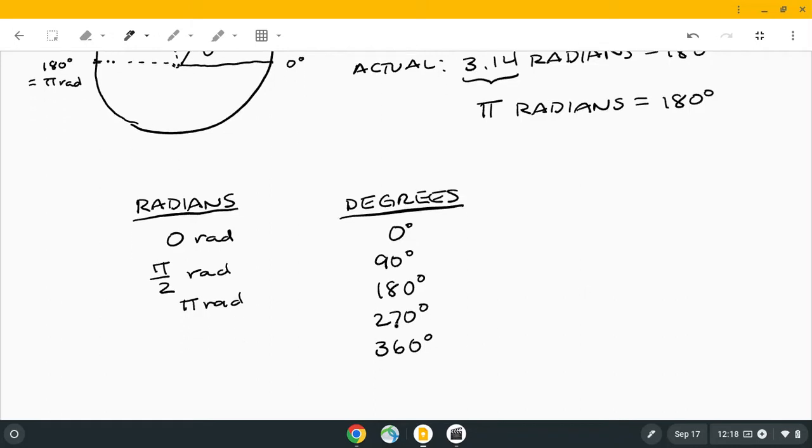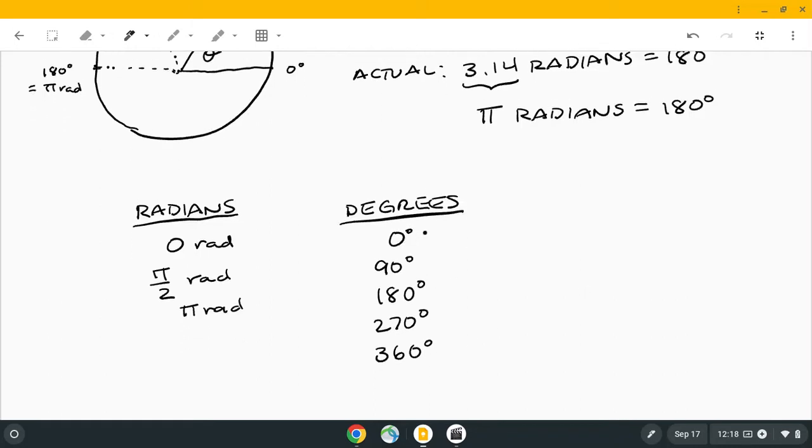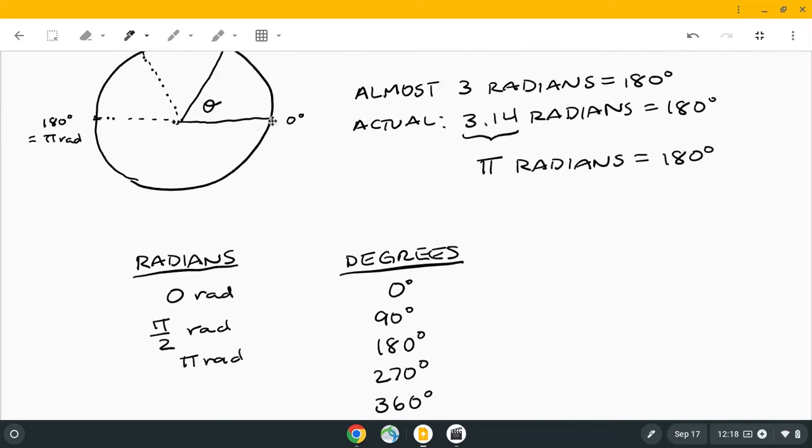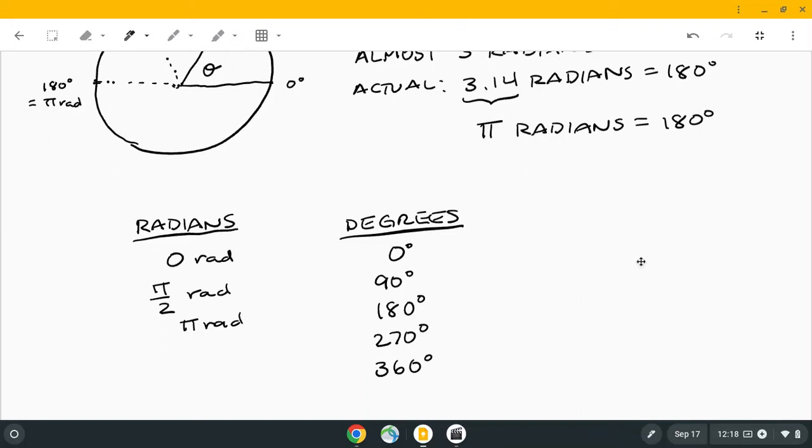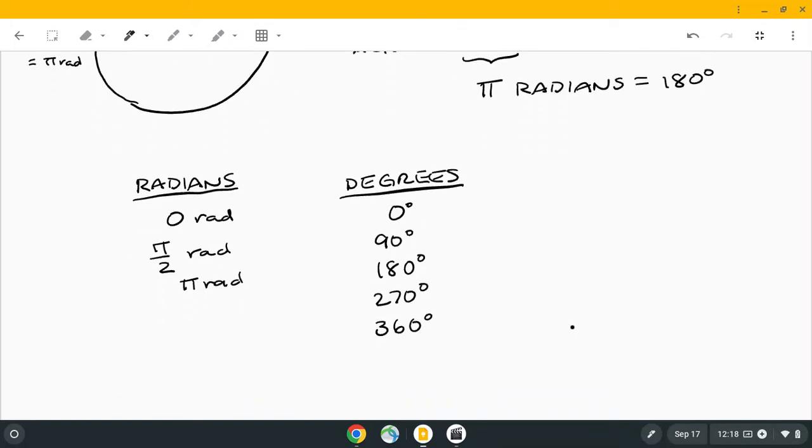And then 270: that's 1/2, 2/2, 3 halves, and then 4 halves. So 270 is 3 halves pi radians, and then 360 is 2 pi radians.